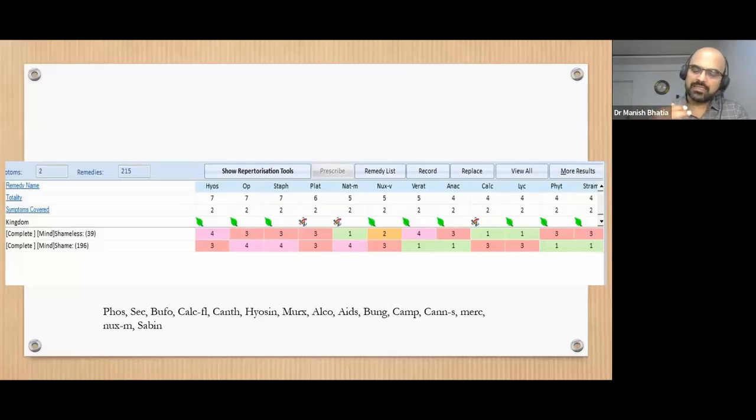To understand this polarity, we need to understand the psychology of shame. Why is a remedy given in the rubric shame and also given in the rubric shameless? The reason, we will understand the physiological reason also, but one of the core reasons you will find is that in Materia Medica, you'll often find a lot of remedies have presence in polar opposite rubrics.